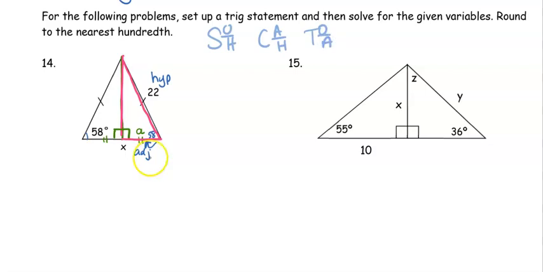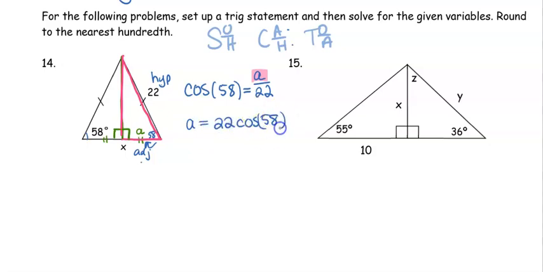I see here that I have adjacent and hypotenuse. Adjacent and hypotenuse means cosine. So it's cosine of my angle is the adjacent side I don't know over the hypotenuse. Because my variable is in the numerator, I am multiplying. So A is equal to 22 times the cosine of 58.